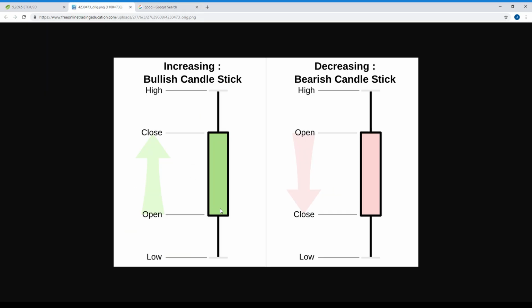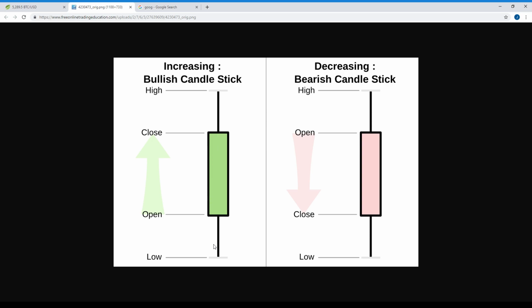This shows 4 prices. So it will tell you what it started at during the day, that's the open, what it ended at during the day, that's the close, what the low during the day was, and what the high during the day was. So let's say a given stock starts at $5 right here, at the open. Let's start down because this is an up candle.